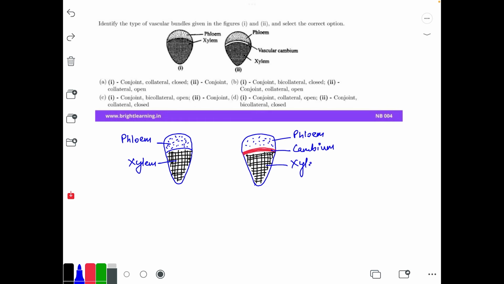Now the important difference that we can see is the layer of cambium in the vascular bundles.